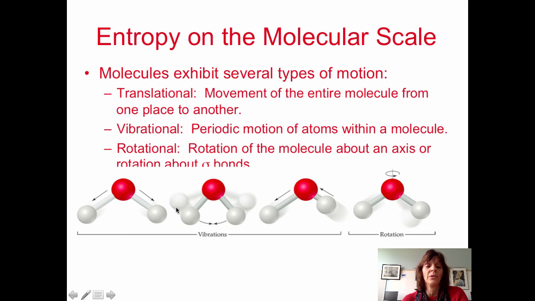The bonds can expand and contract. They can sort of wag and twist. It's like the molecules are dancing. And that's one way that you get more possible disorder in a molecule, not only by its movement, but also by its motion. So that has some consequences for what we call increased entropy.